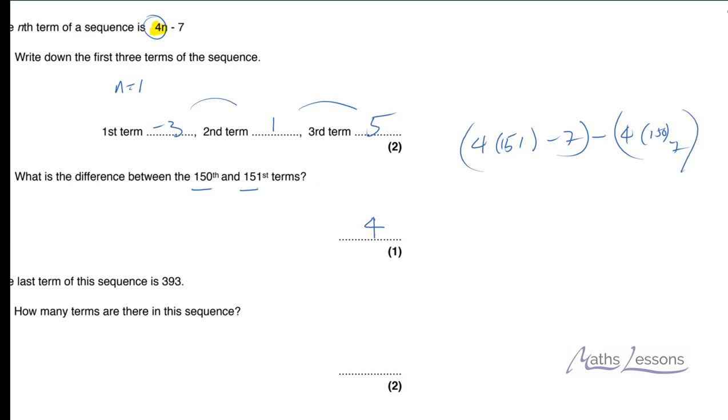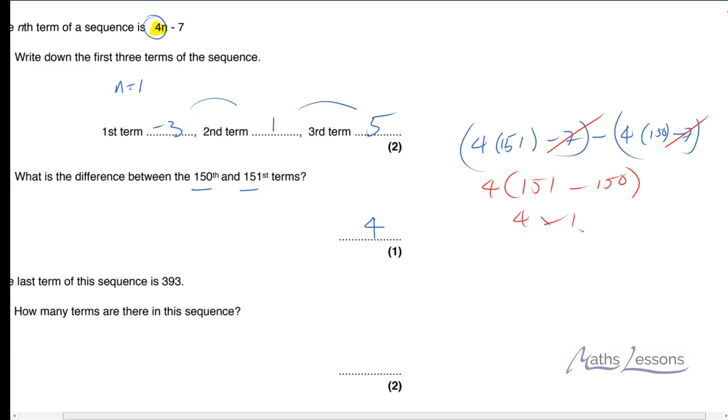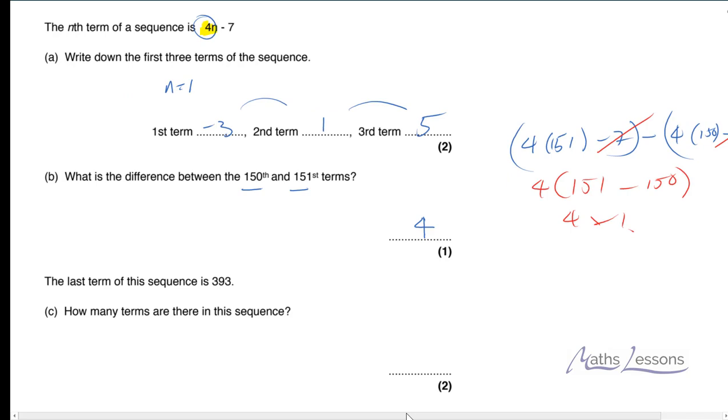So let's just rub that out and put it nicely. Then we can see that the 7s will cancel, and you've got basically 4 times 151 minus 150. Nice bit of algebra here. So that gives you 4 times 1, which is 4. So we can see it all agrees.